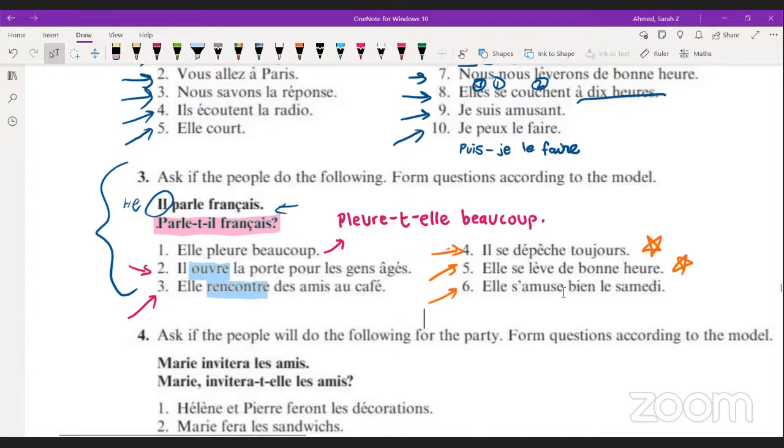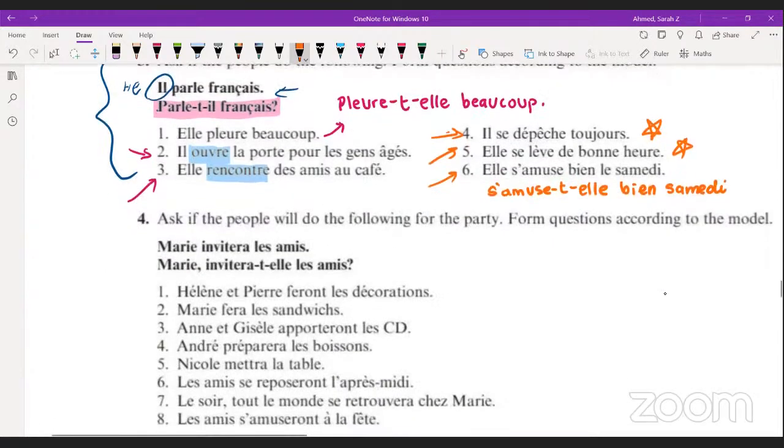So s'amuse-t-elle bien le samedi? Let me just write it to make it very clear. So s'amuse, t, elle, and then bien le samedi. Okay, mashallah. That's very good practice.